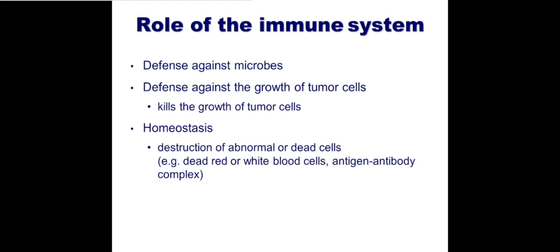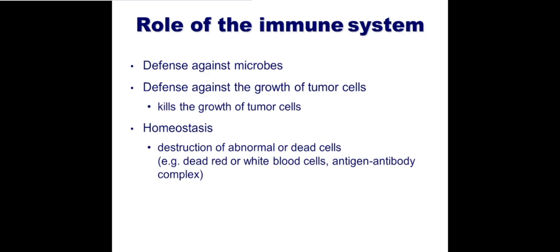So what is the role of the immune system? The main role of the immune system is defense against microbes and defense against the growth of tumor cells, killing the growth of tumor cells. How do we react towards the foreign particle, how do we defend against those microbes, how does the body provide immunity against that foreign particle?